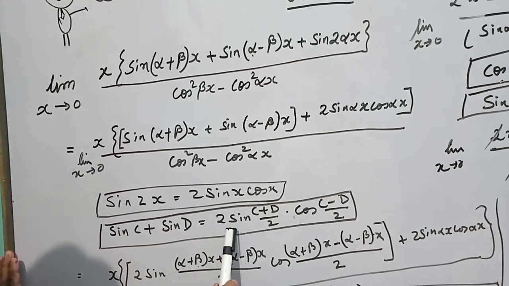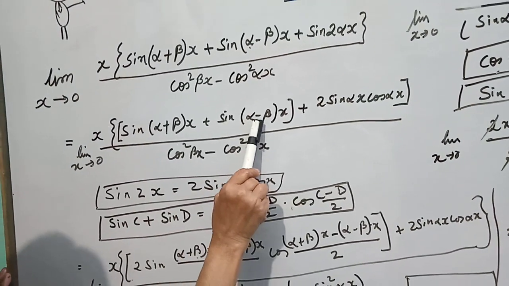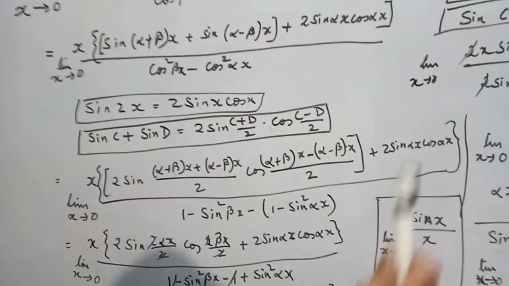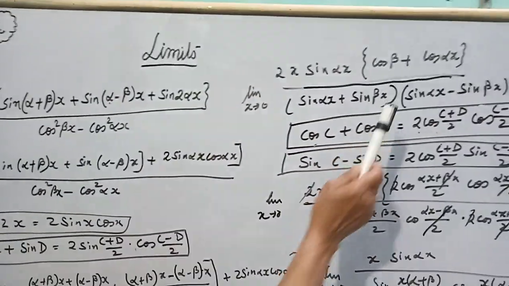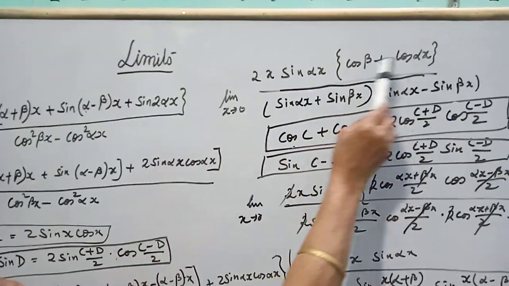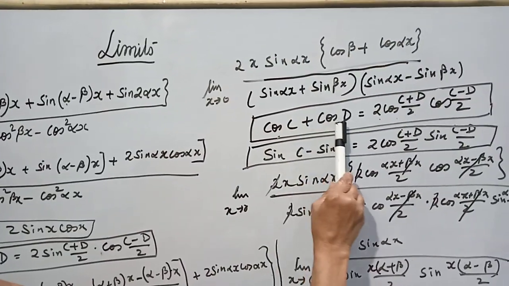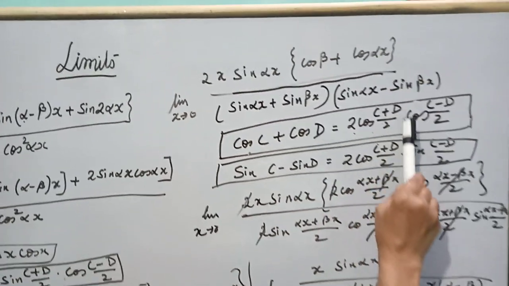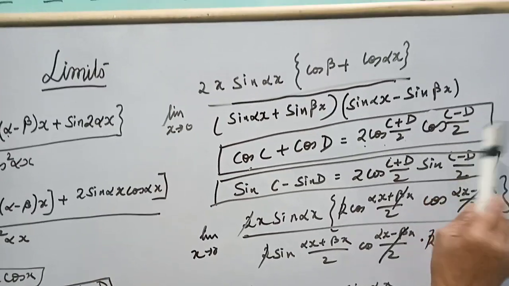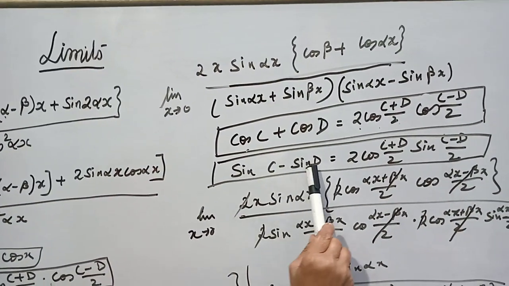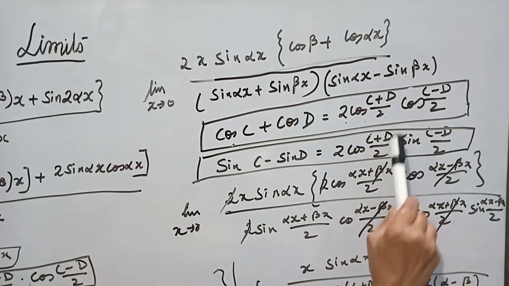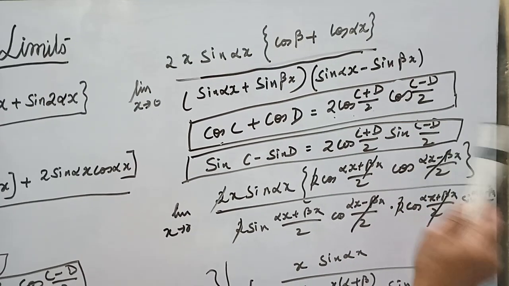Using the sin c plus sin d formula we break the first one, next we are left with cos beta plus cos alpha: cos c plus cos d is 2 cos of c plus d by 2 into cos of c minus d by 2, and sin c minus sin d is equal to 2 cos of c plus d by 2 into sin of c minus d by 2.